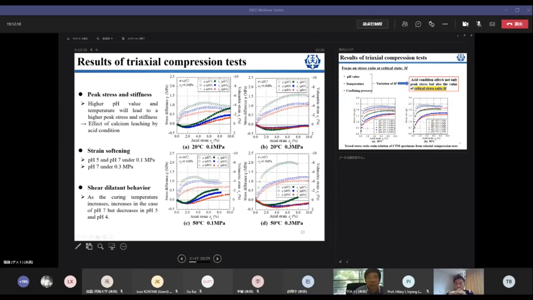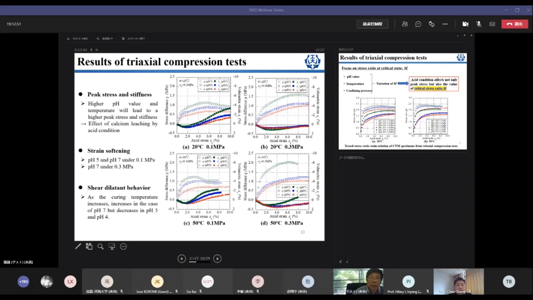You can see for pH 4, the strength is quite low with lower dilatancy. But for pH 7, the completely neutral condition, there is very high shear strength. This holds for different confining pressures and different temperatures, and all show the same tendency.